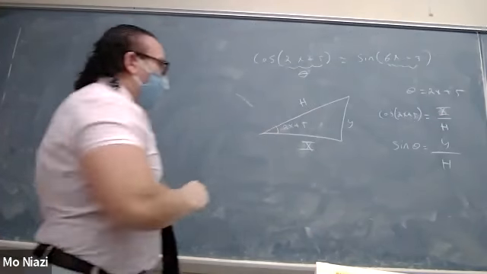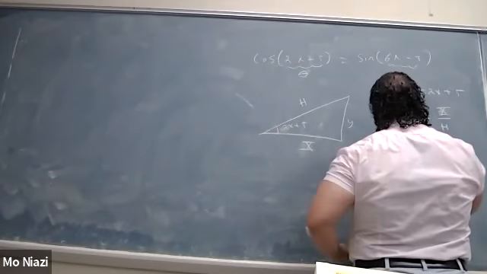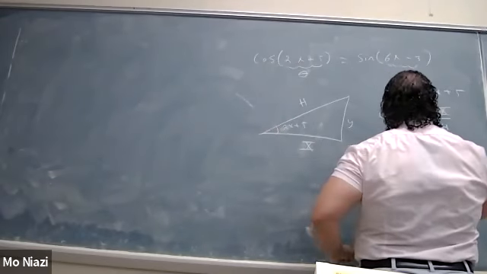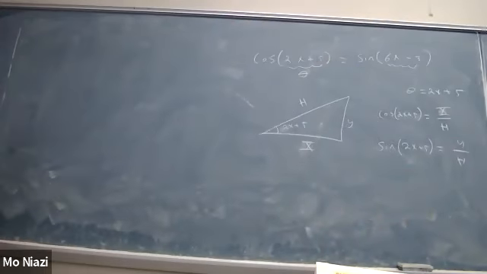Sine of theta would also be represented like this, but we don't know y, and we don't know h. Another way you can look at it is: for what angle are a sine and the cosine equal to each other?